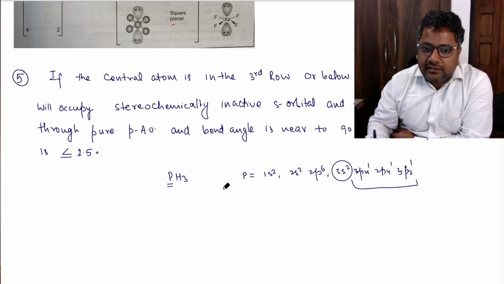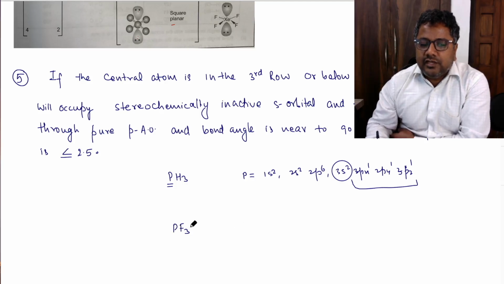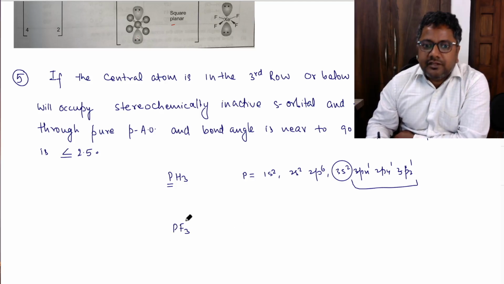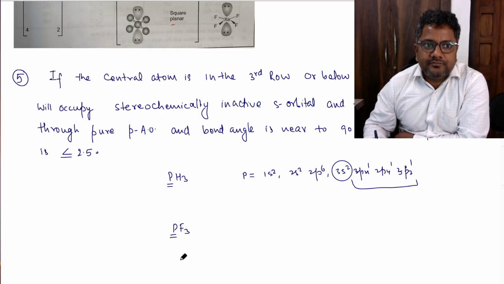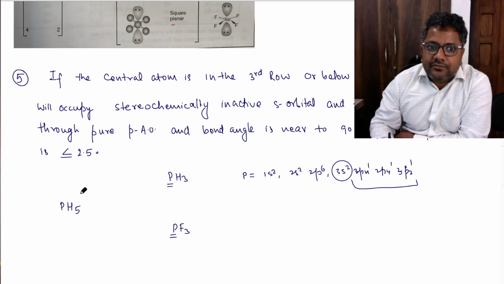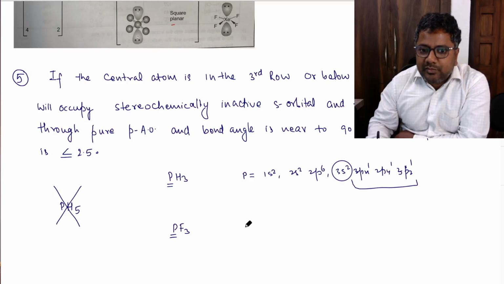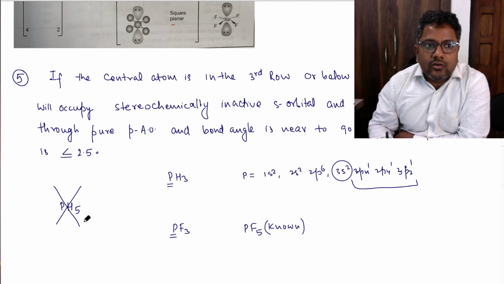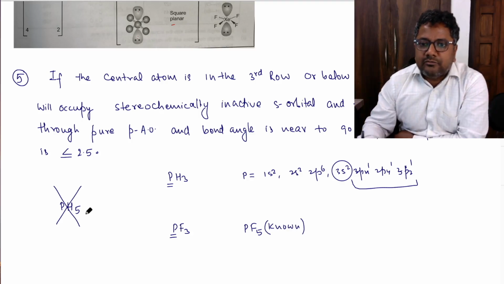But in the case of PF3, the fluorine has more electronegativity, so there is no pure p atomic orbital bonding, and here you have to report hybridization. In this case hybridization is possible, but in the other case there is no hybridization. This is the reason why PH5 is not known, but PF5 and PCl5 are known, because hydrogen cannot force phosphorus into octet expansion.